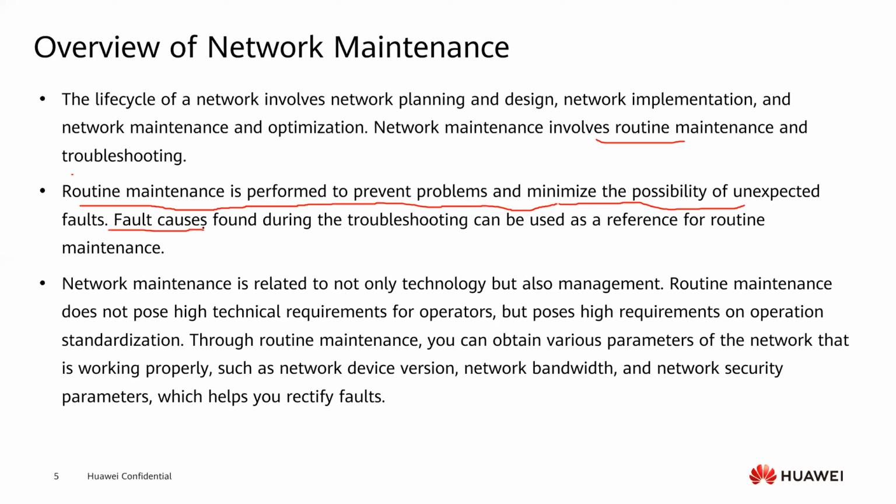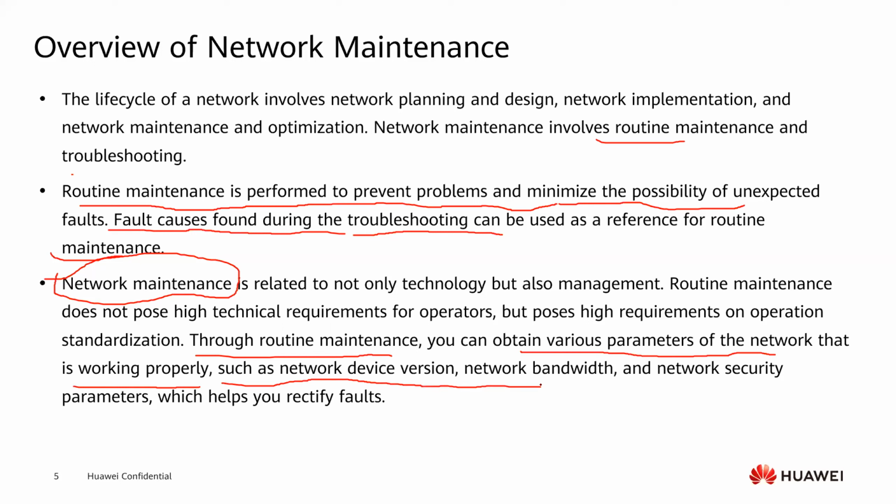Faults found during troubleshooting can be used as a reference for routine maintenance. So that's why we need to do network maintenance. Through routine maintenance, we can obtain various parameters of a properly working network, such as the device version, network bandwidth, and network security parameters. This will help you rectify faults.